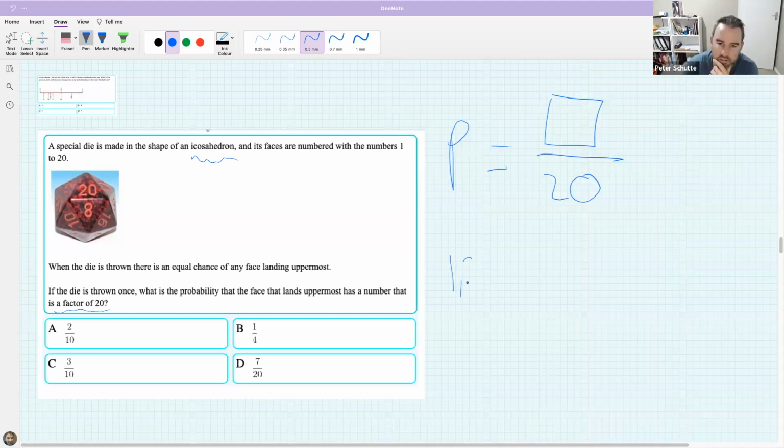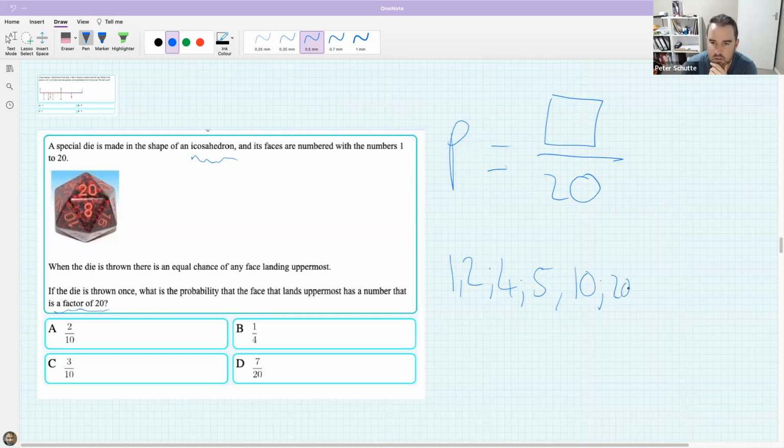What are the factors of 20? So 1, 2, 4, 5. What else? 6, no. 7, 8, no. 9, no. 10, okay.